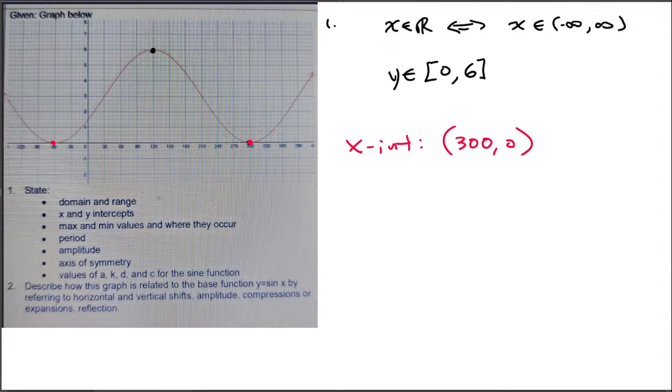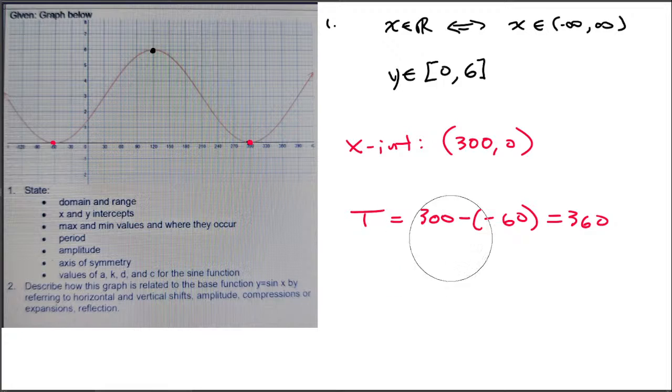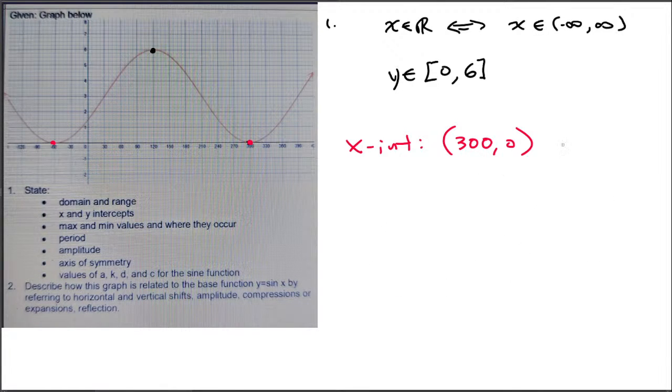But you can tell that the function repeats this often. That's the period. So the period, T, is going to be equal to 300 minus negative 60, so 360. I don't know what the x-axis is measured in, degrees or what, but every 360 you're going to get this repeating.